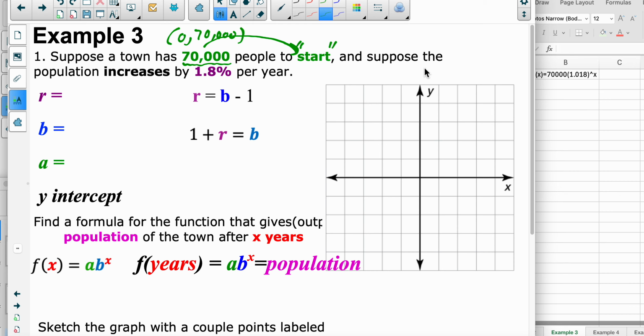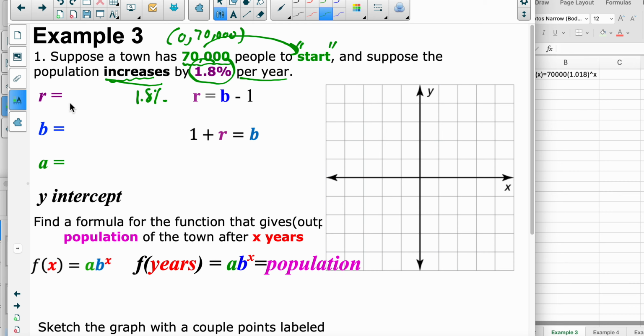Then suppose that that population increases by 1.8% per year. It tells us an increase, and it gives us a percent. So that is our rate in percentage form, 1.8%.